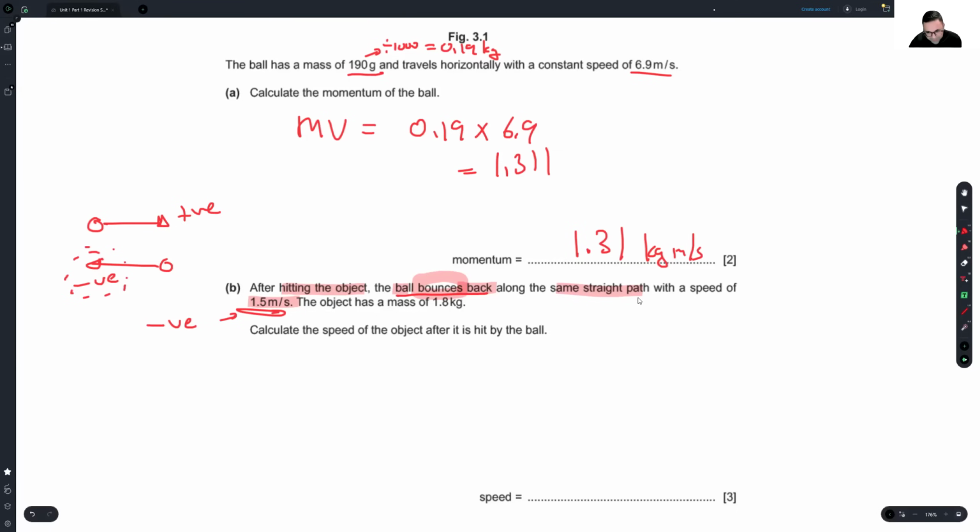You'll see what happens. The object now has a mass of 1.8 kilograms. What is the speed of the object after it is hit by the ball? This is a collision question now. Unlike the previous one, where he sketched the collision happening, here there is no sketch.